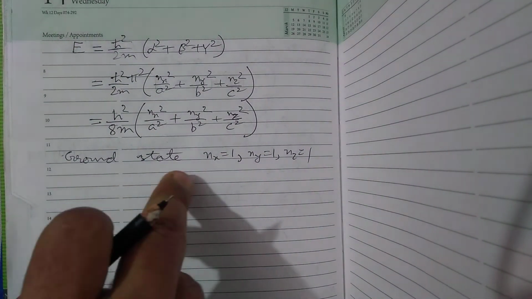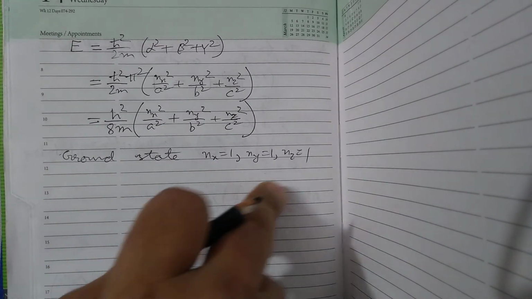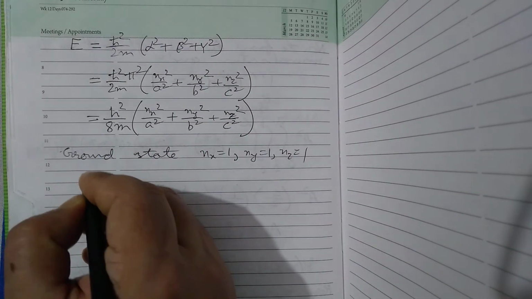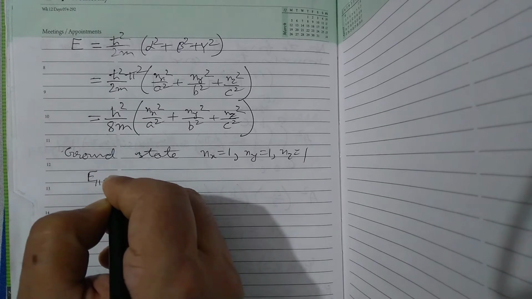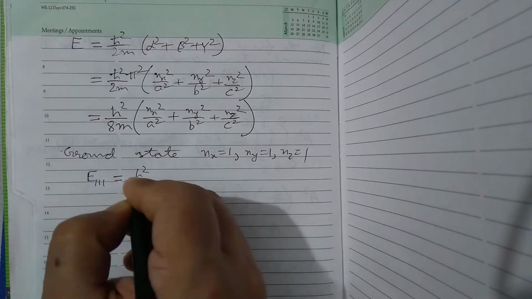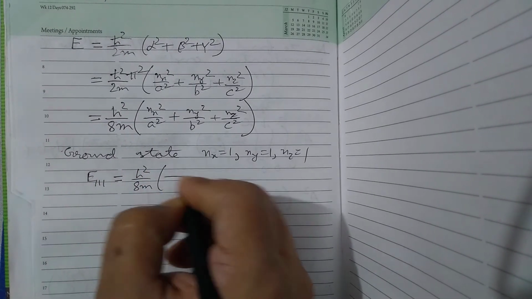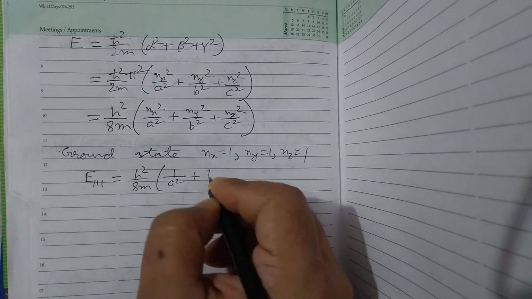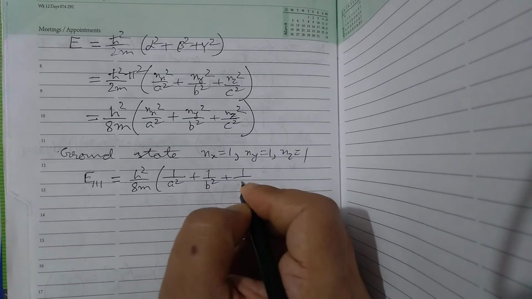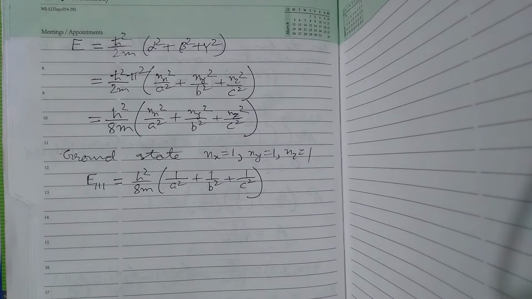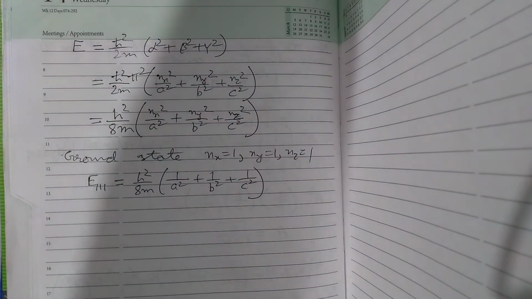So here for the ground state, nx is 1, ny 1, nz 1. So E111 will be equal to h square by 8m into 1 by a square plus 1 by b square plus 1 by c square. Okay, this will be the thing.